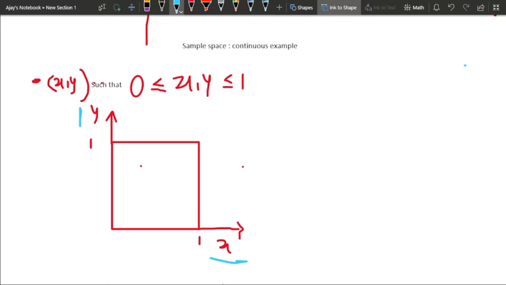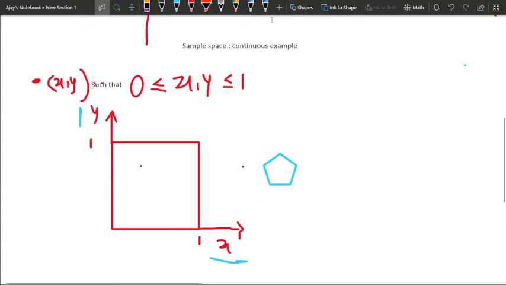So in this experiment, the sample space is just the set of x y pairs that lie between 0 and 1.